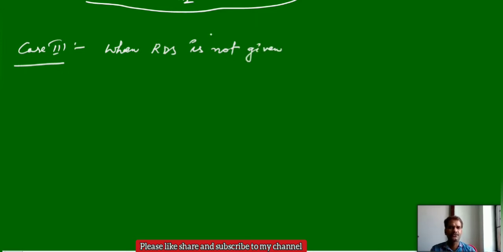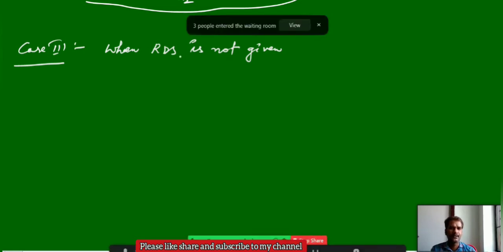Case 3 here is when the RDS is not given, when the rate determining step is not given. Generally in the first two cases they give the RDS. What the RDS is, we know, and then accordingly we can identify the rate law equation.